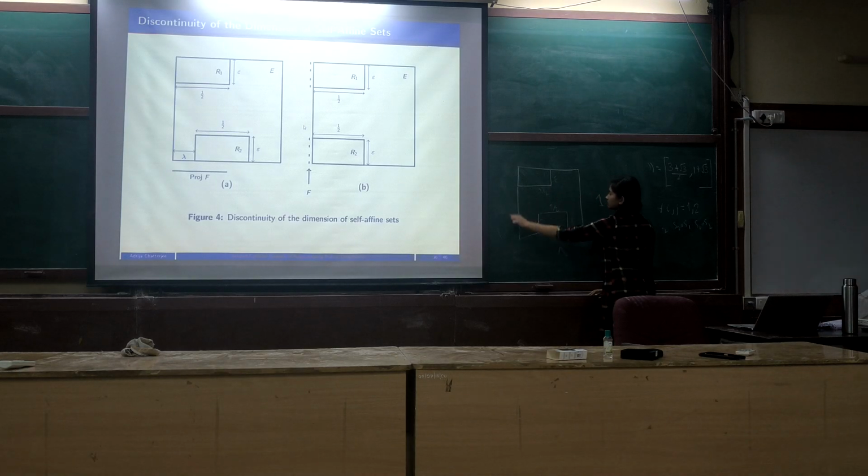So what happened to this set is what will happen to this set now. So again there will be a rectangle here and a rectangle here of length 1 by 2 power 2 and epsilon power 2, and here it will be mapped to this and this.